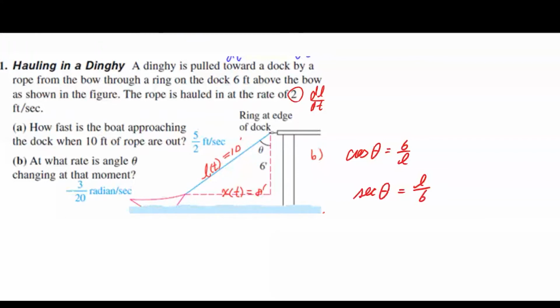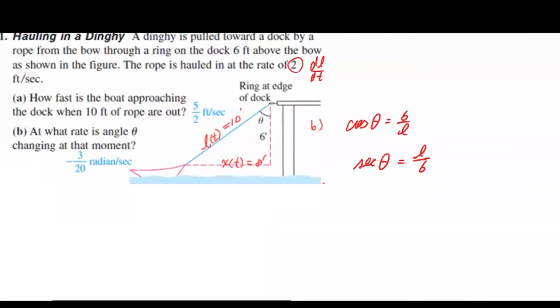Okay, now let's take a derivative. So derivative of secant is, somebody tell me? I'll do the right-hand side in the meanwhile. You guys have what derivative of secant is? Secant theta, tangent theta, and also a derivative of theta, d theta/dt.